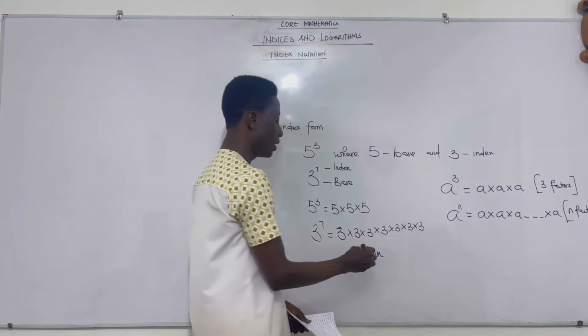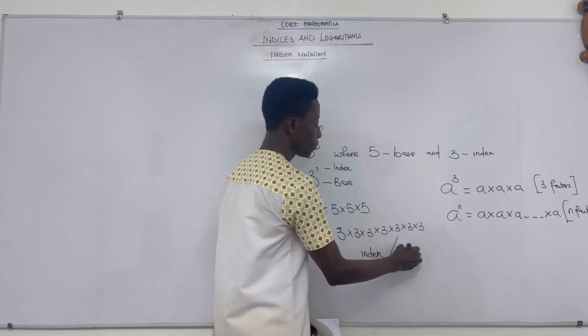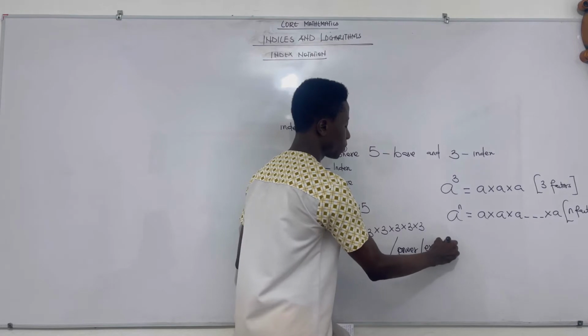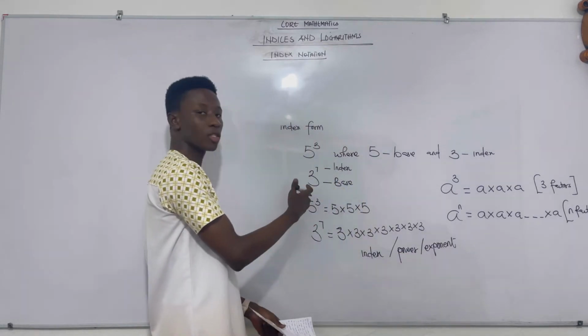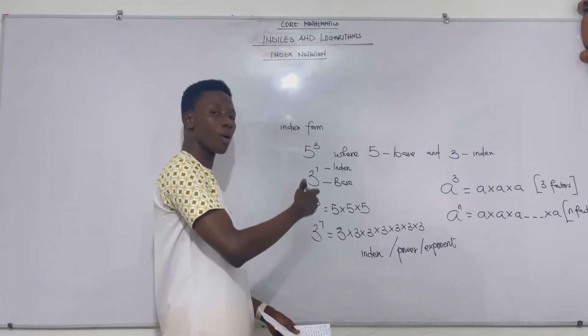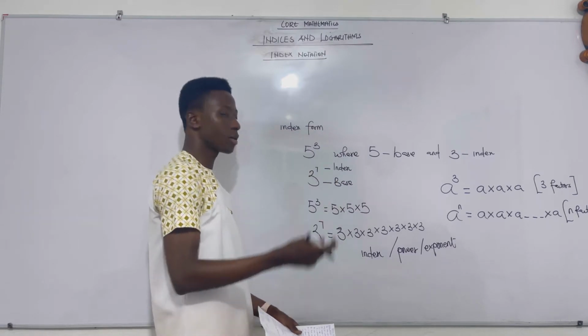The index can also be called power or exponent. So just as you can say 3 index 7, you can as well say 3 to the power of 7, or 3 exponent 7.